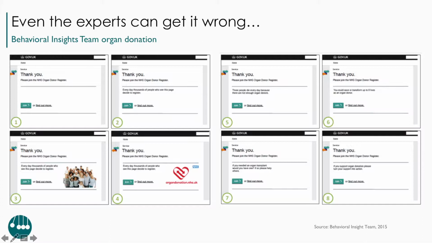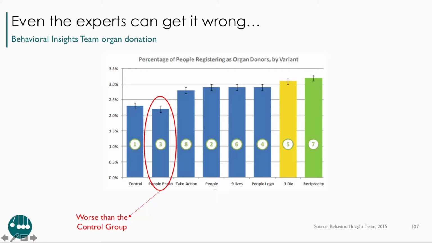Based on their experience, one of the alternatives they believed would have the best effect was number 3, which had a social proof message and a photo. But when the results came, it turned out to actually be the worst performing option, worse than the control group.